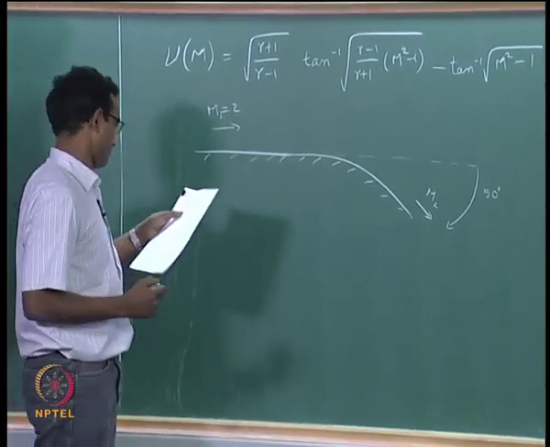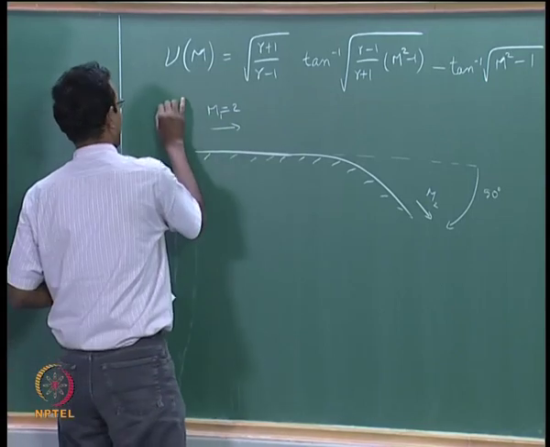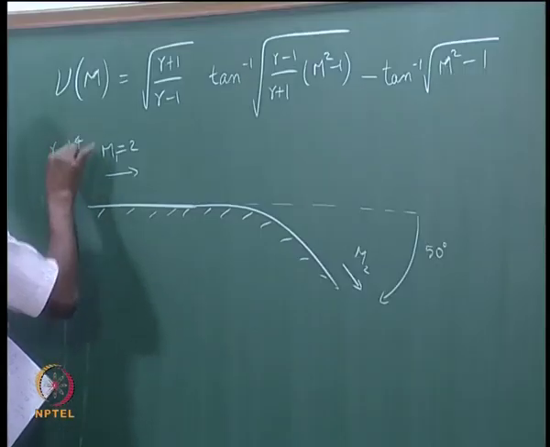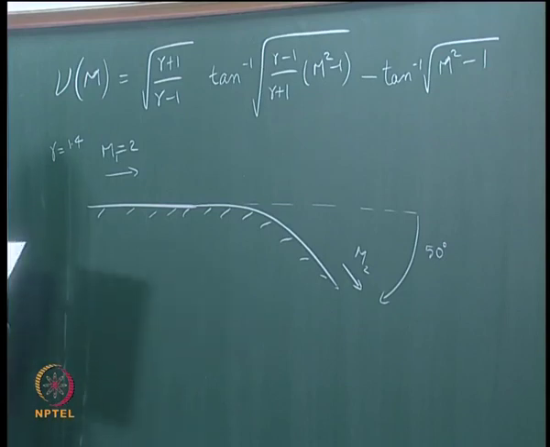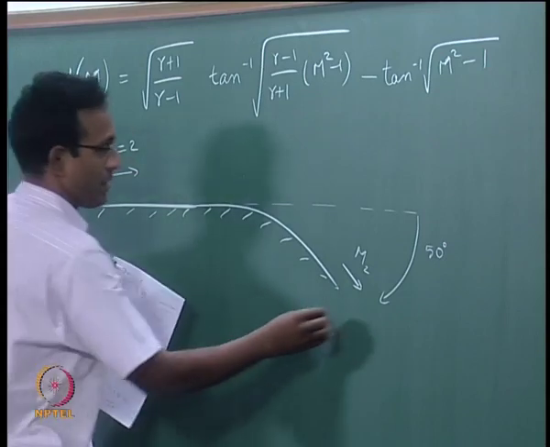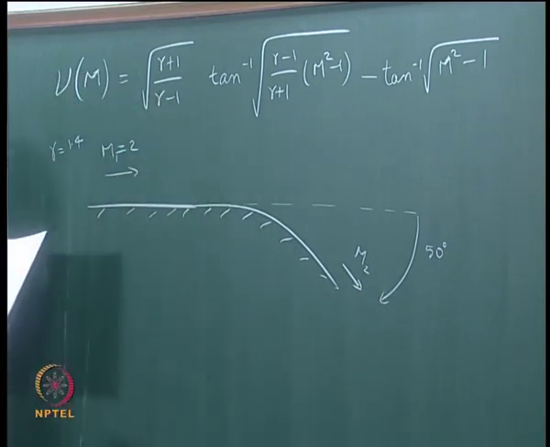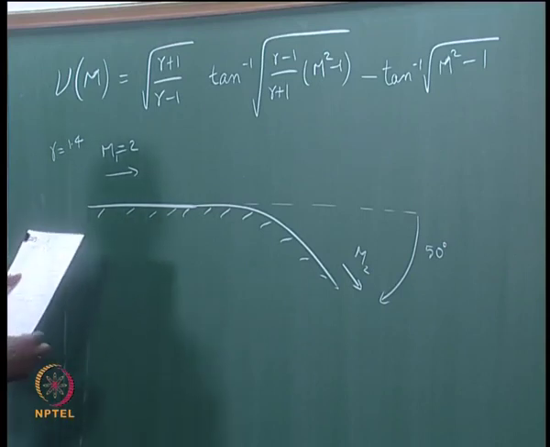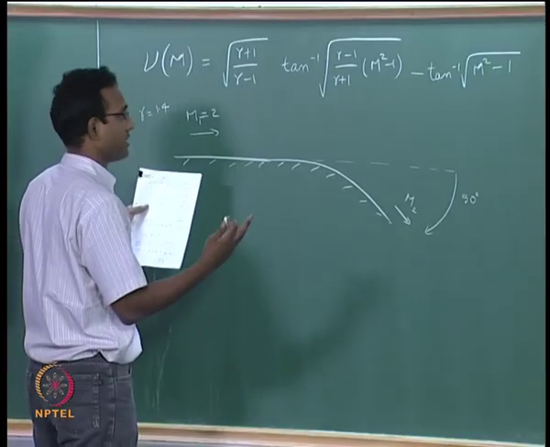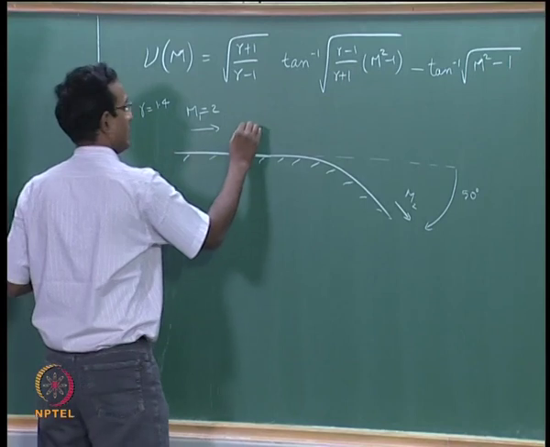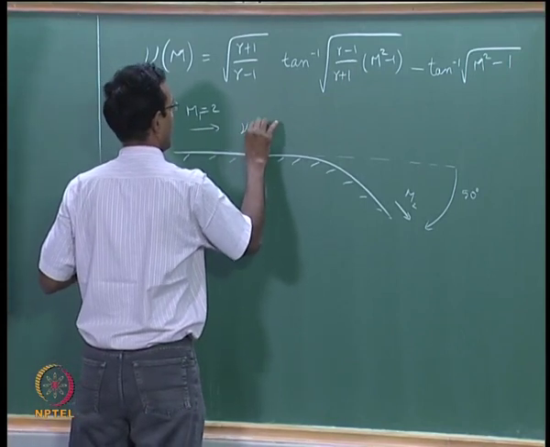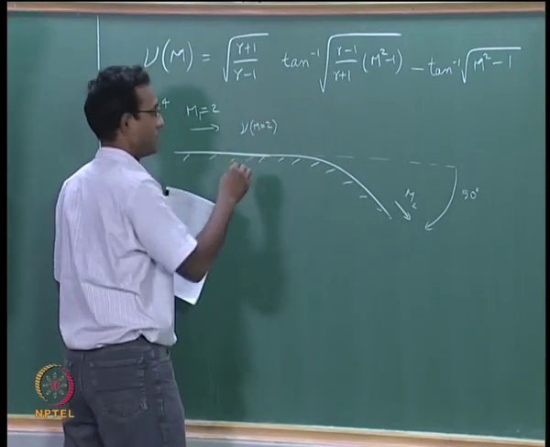If I give this and I am telling you that this is air, gamma equal to 1.4, we want to find what is the final Mach number I am going to achieve in this. We gave the formula, now we just have to work through with the same formula which we discussed last time. The way to think about this, I have to find the nu of M equal to 2 here, which is what I will call nu 1.